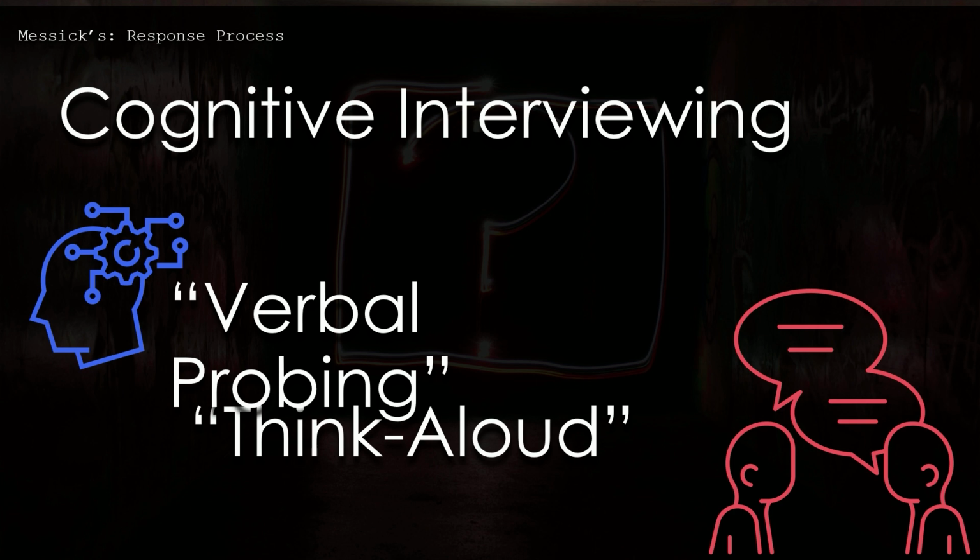There's a think aloud technique where, as somebody is filling out the survey, you say, tell me everything that's going through your mind as you're filling out this survey. You write that down and determine whether they are interpreting these questions in the way that you intended, or in a completely different way. With a verbal probing technique, you can ask them specific questions along the way.